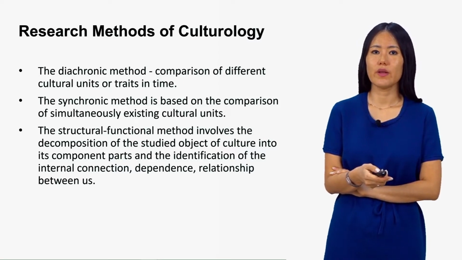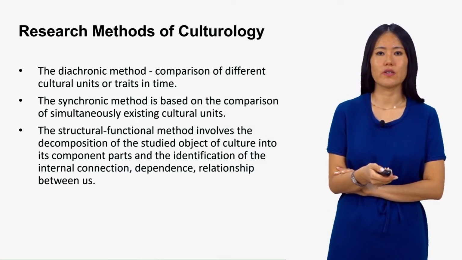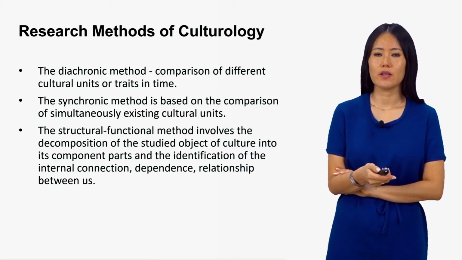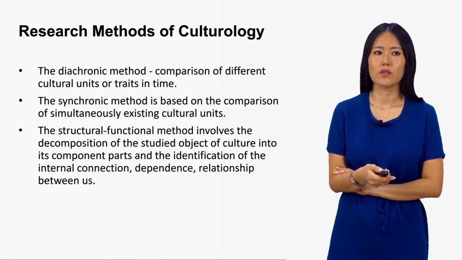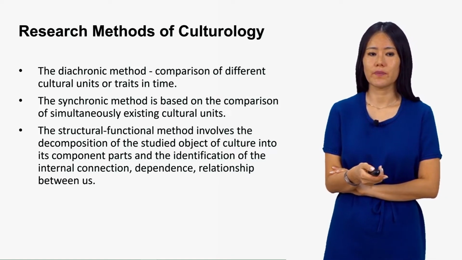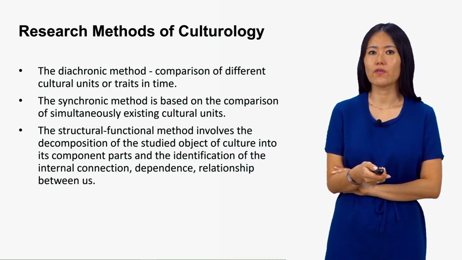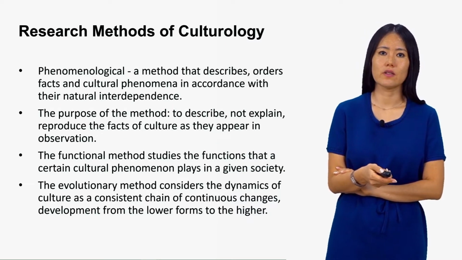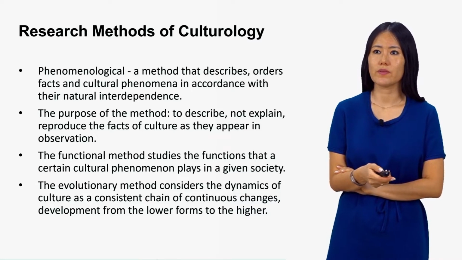So this method investigates culture as the structure of the different elements, and also the functional part of the method deals with the functions of culture in a society and in historical progress.